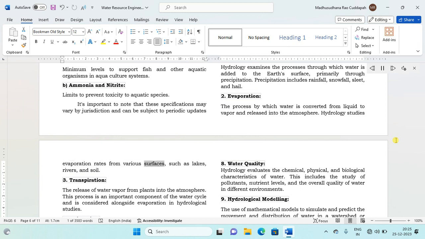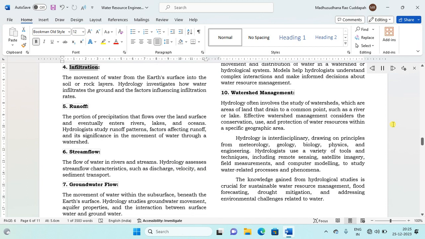Hydrology studies evaporation rates from various surfaces, such as lakes, rivers, and soil. 3. Transpiration. The release of water vapor from plants into the atmosphere. This process is an important component of the water cycle and is considered alongside evaporation in hydrological studies.